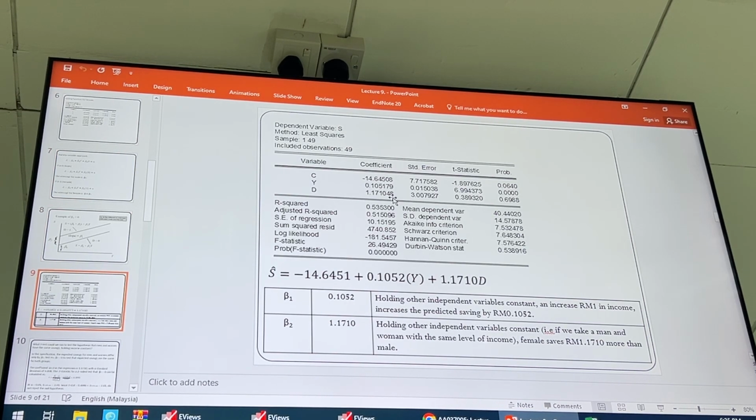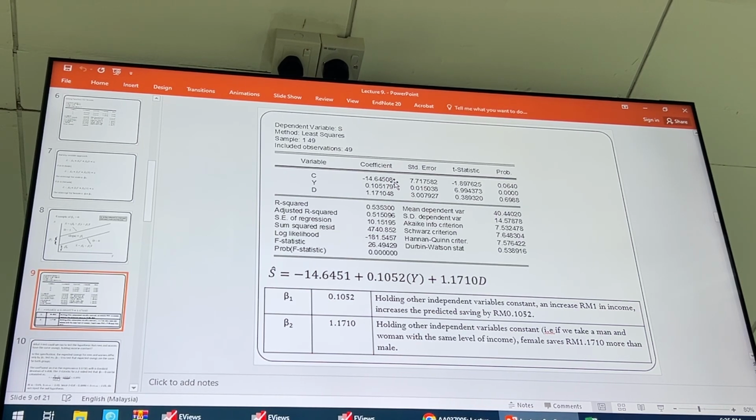So we have the slope to be the same for both male and female at 0.10, meaning that for every 1 ringgit increase in income, 10 cents goes to saving. But when income equals 0, the basic saving for the case of female is negative 14 ringgit.